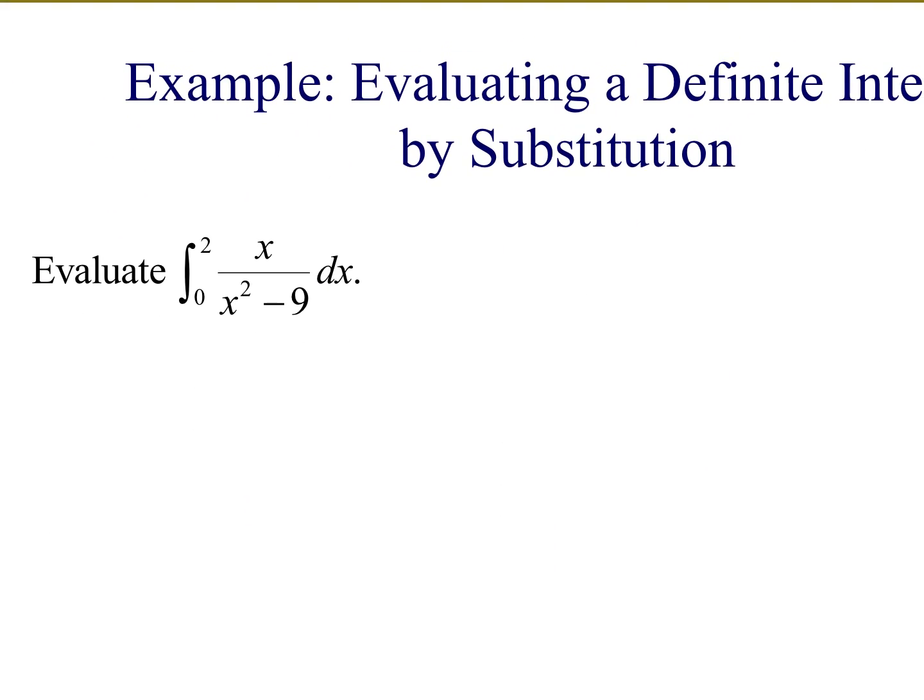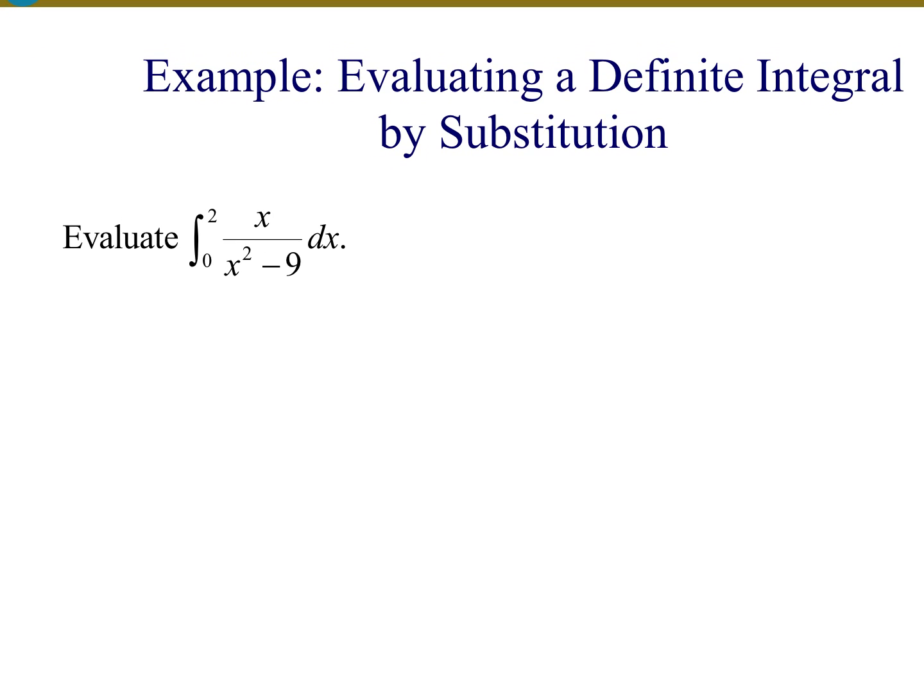All right, so here's one that's a quotient this time. And almost every single time in a quotient, it's the denominator that will be your u. So you're going to choose your denominator first. And this time, what else is different? Besides it being a quotient, what else did I give you that's different? There are bounds.